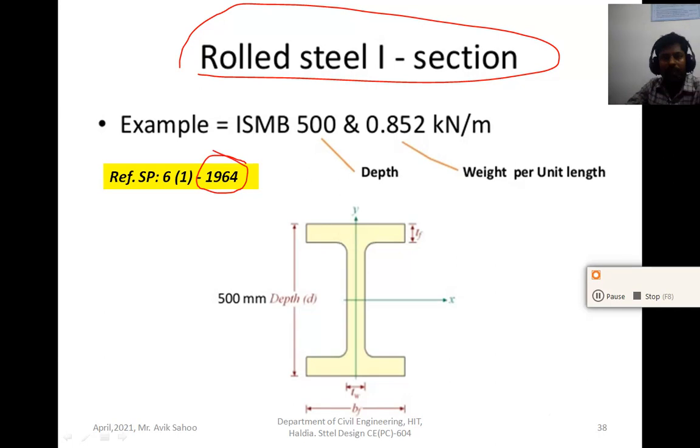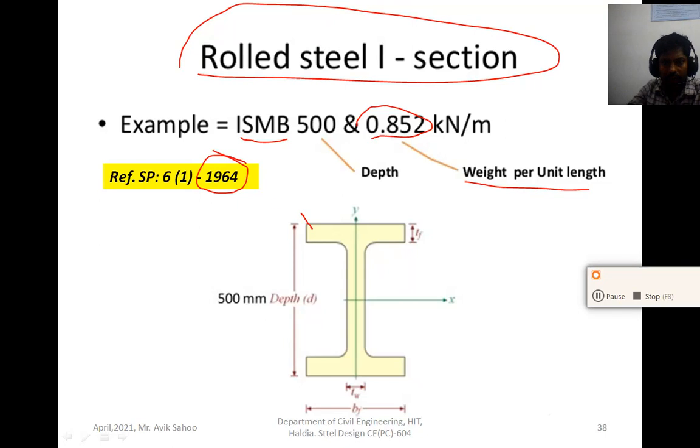The I section is designated by ISMB, Indian Standard Medium Beam, then 500. The 500 indicates the depth of the beam, and this other value indicates the weight per meter length, per unit length.